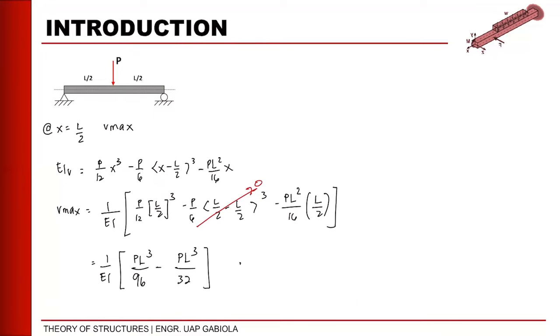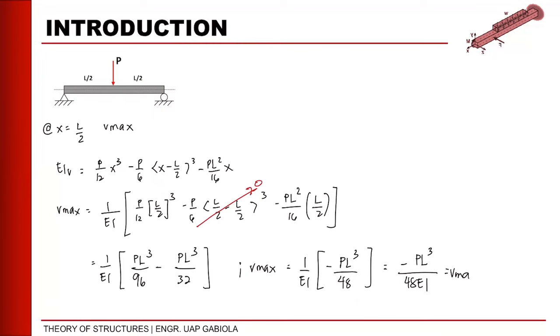If we simplify, Vmax is equals to 1 over EI times 1 over 96 minus 1 over 32. We have negative PL cube over 48. And when we simplify this, we have negative PL cube over 48 EI.